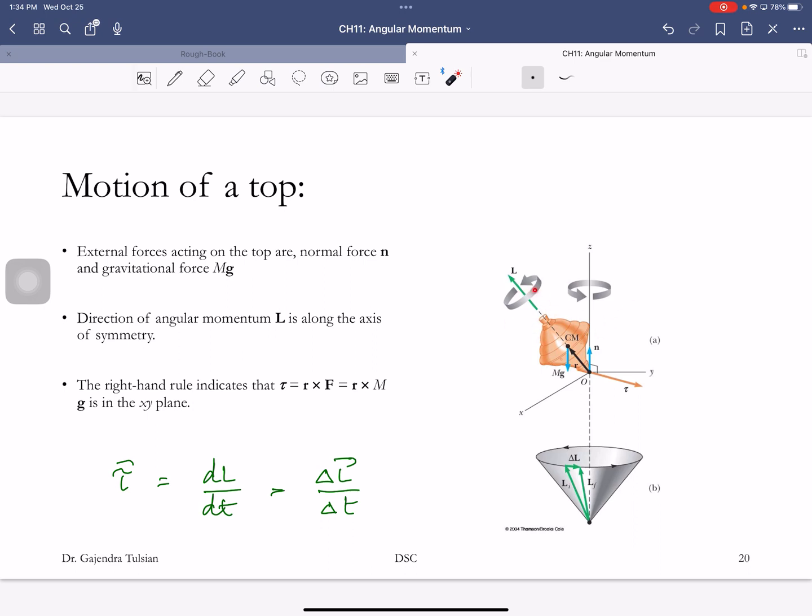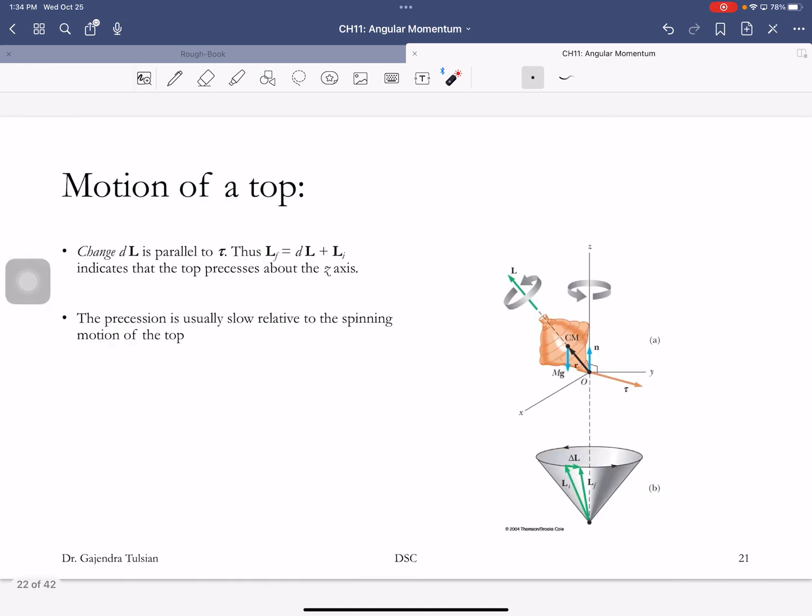So a spinning top precesses. It turns out that the faster the top is spinning, the slower it will precess. Do you guys know what I'm talking about? Here is the axis of the top describing a cone.